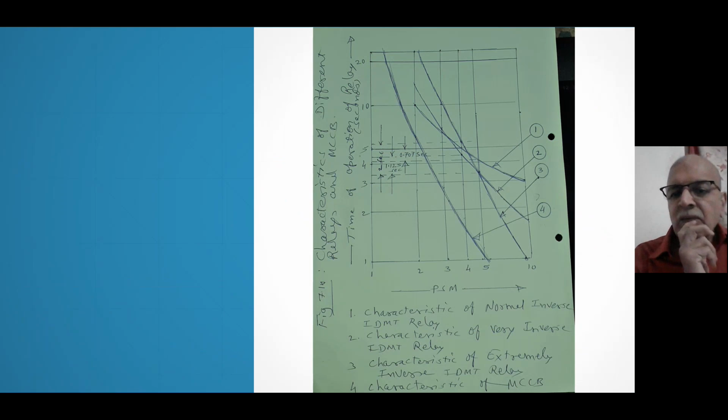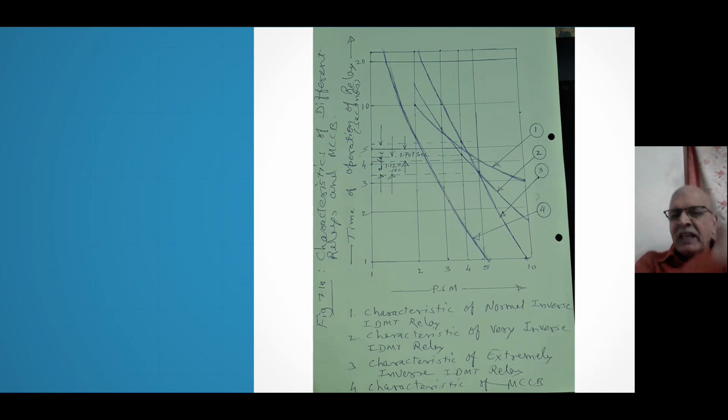If you take PSM 4 and 5, then for normal inverse, the time difference is 0.707 seconds. For 4, it is coming here, and for 5, it is going there, 0.707 seconds. So the time difference is very small, negligible. So normal inverse is just justified. You could have used definite time.